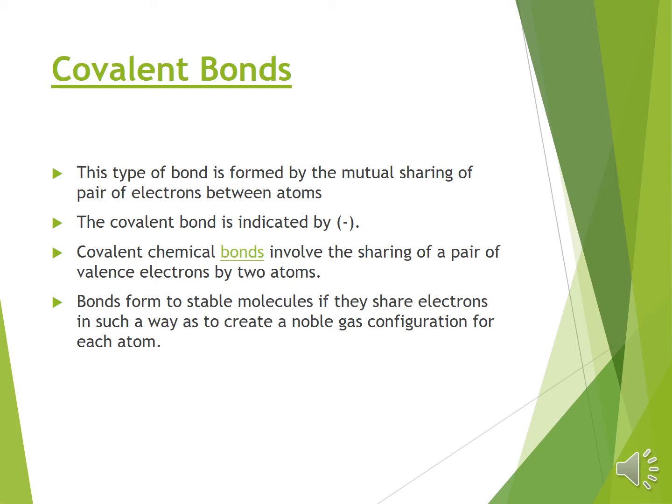When they share, a bond forms to create the noble gas configuration of each atom. That is called a covalent bond. A covalent bond is formed between similar atoms as well as dissimilar atoms. It is a sharing of valence electrons to get a noble gas configuration.